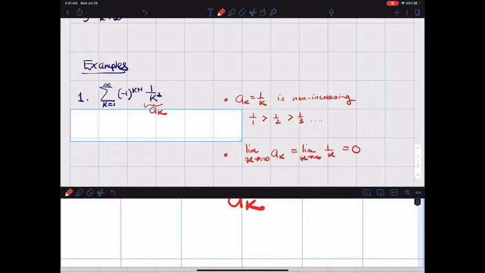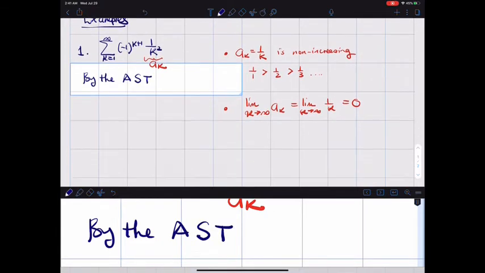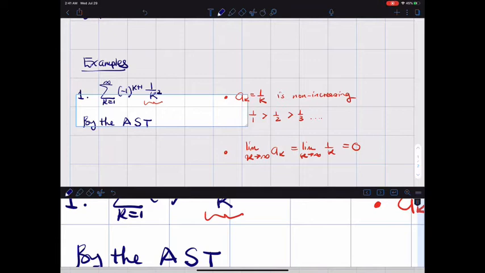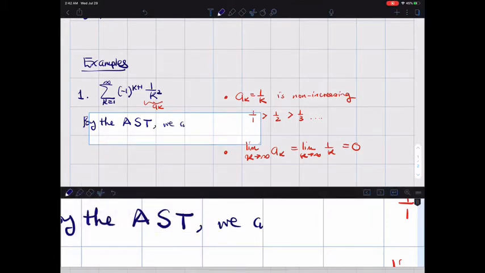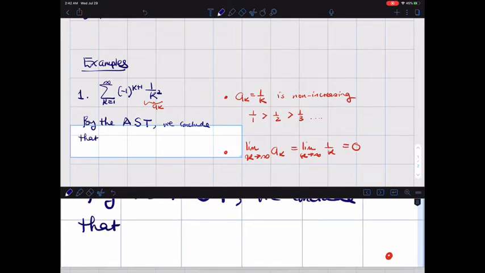So by the alternating series test, we can conclude that the series converges.